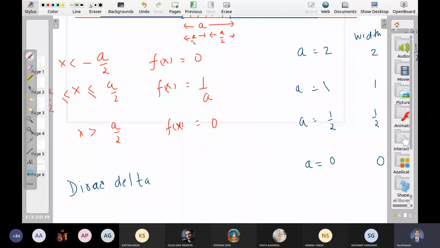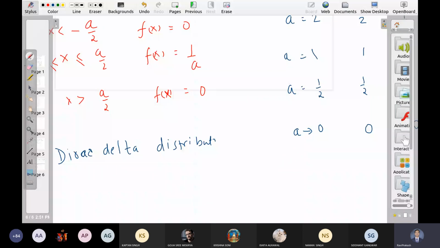So the Dirac delta distribution, which is given by this symbol delta x, has this definition. Limit a tends to 0, the behavior of this function f(x).